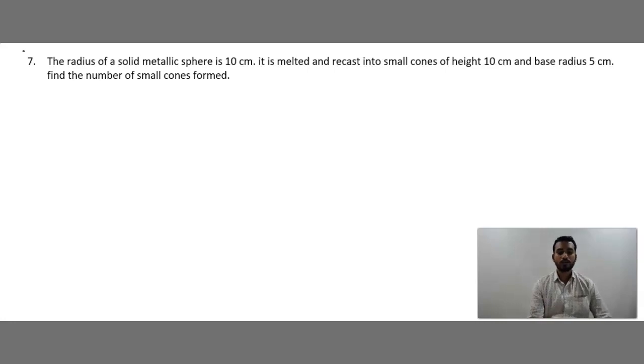Observe here, what is the question? The radius of the metallic sphere is 10 cm. We are melting and recasting, very important, which means again volume. Into small cones of height 10 cm and base radius 5 cm.